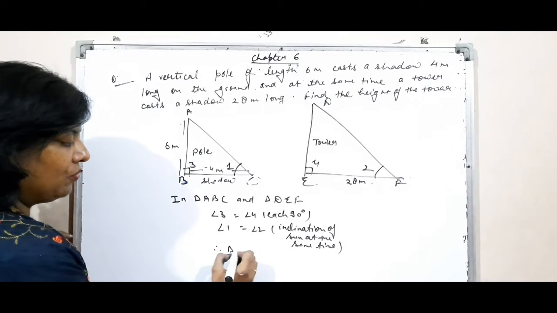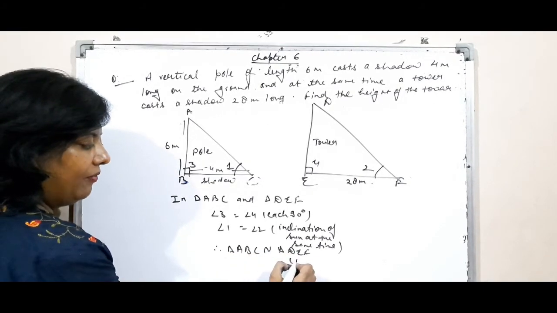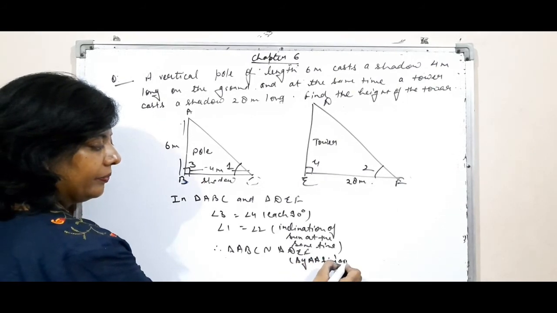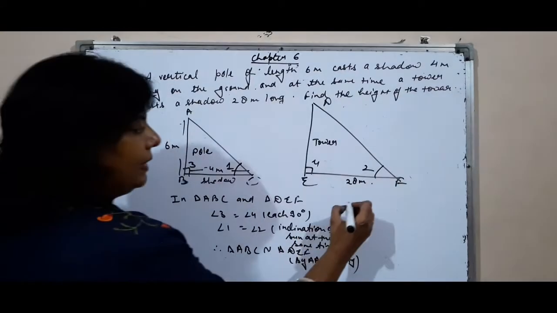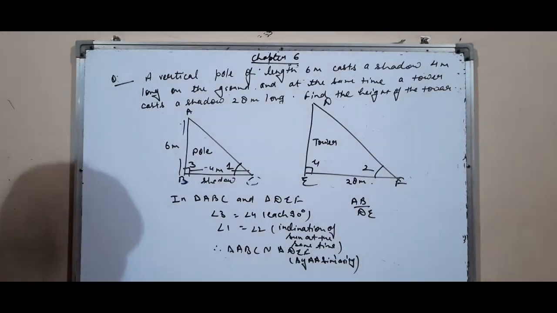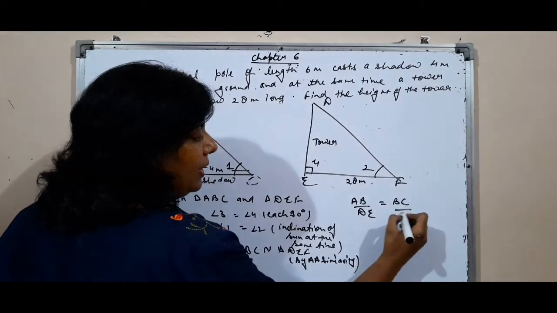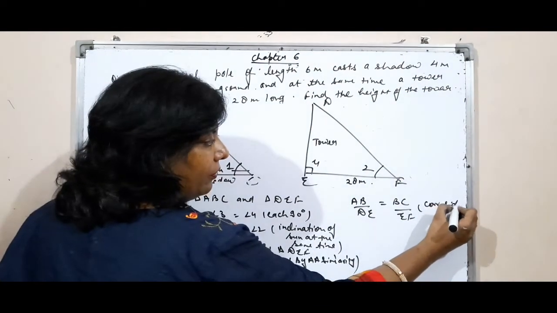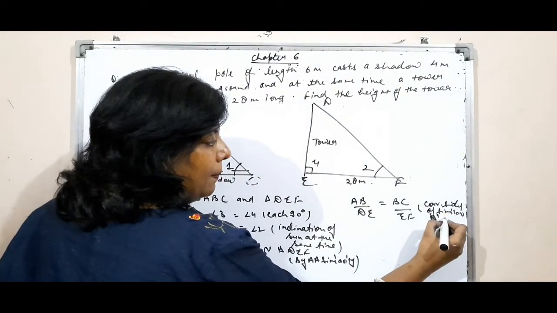Therefore, triangle ABC is similar to triangle DEF by AA similarity. ठीक है, now it is AB upon DE equals to BC upon EF. Corresponding sides of similar triangles are proportional.